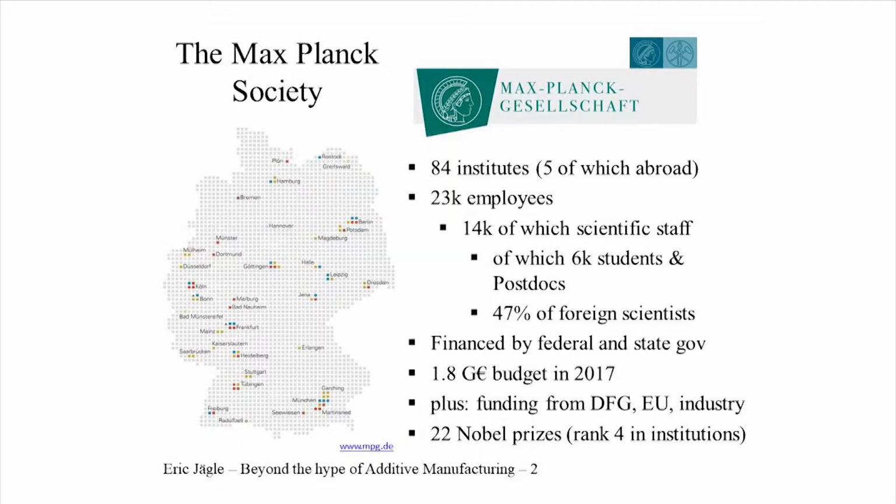So first of all, I'm from a Max Planck Institute, not the Max Planck Institute, as many people often say, because there are more than 80 Max Planck Institutes throughout Germany and very few also abroad. And so you could say it's a group of institutes that all belong to the Max Planck Society.